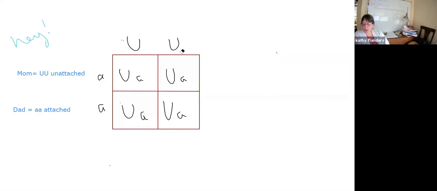So that's where we get these. If we imagine these as sperm and egg, this is what's going to be in the egg. This is what's going to be in the sperm. And then we go across this way and put this in each box. And then we go down this way and put this in each box.